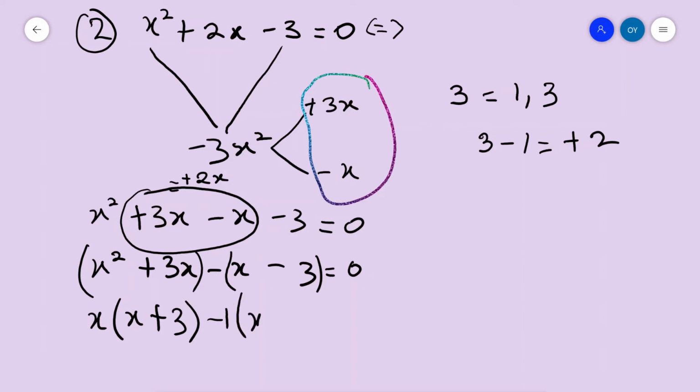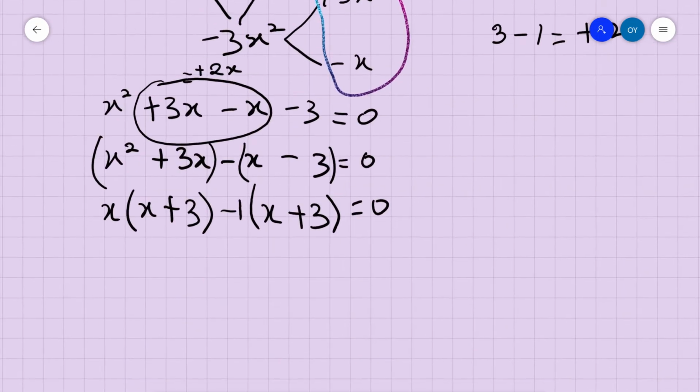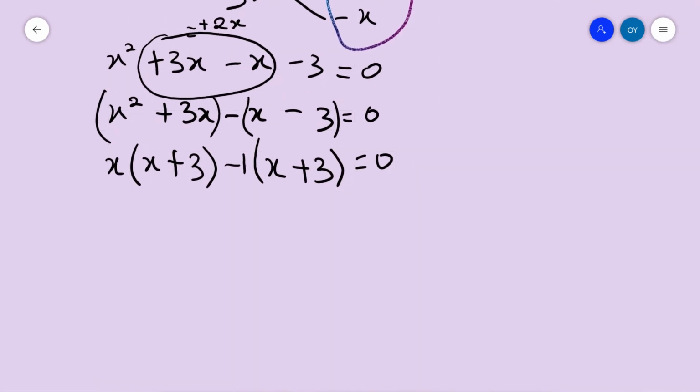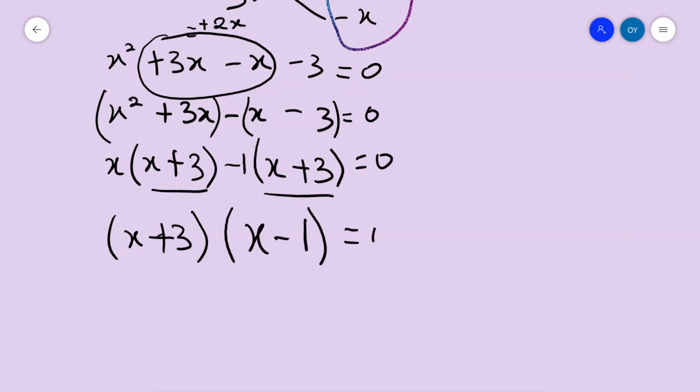So we have this x plus 3 equals 0. Remember that whatever you have here must also be here. So now what is common to this equation is x plus 3. So we have x plus 3 and x minus 1 equals 0.